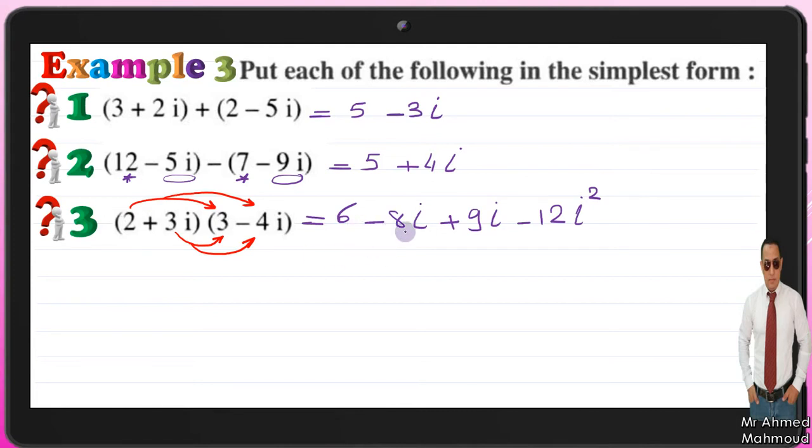Here we have 6, and negative 8 plus 9 equals positive 1i, or positive i. Negative 12 times i to the power of 2: as I said before, i to the power of 2 changes the sign, so it will be positive 12. Don't forget, 6 and 12 are like terms, so it will be 18 plus i.